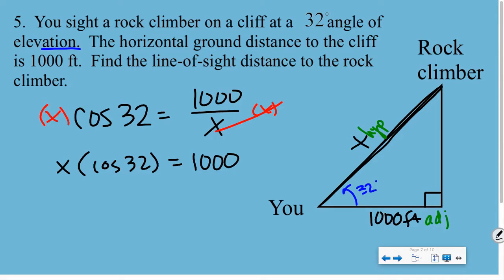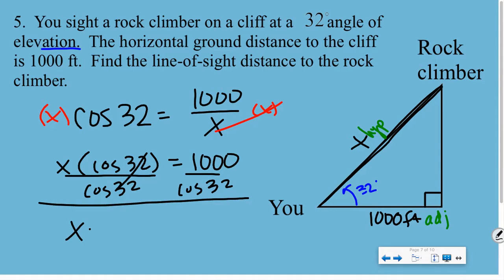Divide, right? So we're going to divide both sides by cosine of 32. So then what we're left with is x equals 1,000 divided by the cosine of 32. So when x is in the bottom, you divide. If it's in the top, then you would multiply. Ruth, if you put 1,000 divided by cosine 32 in, what'd you come up with? 1179. 1179? You guys agree with her?